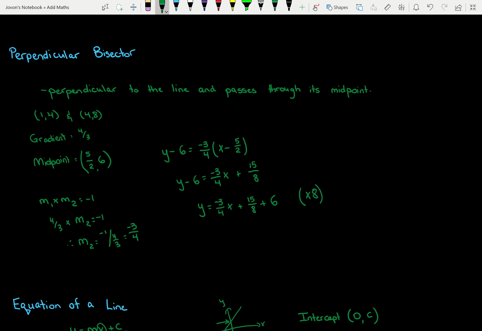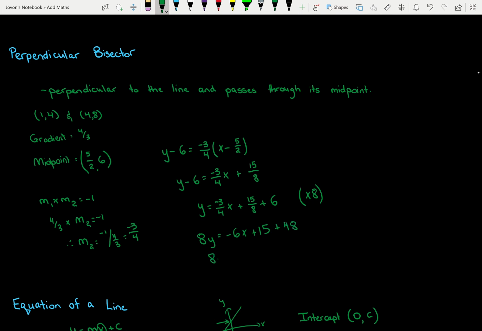So we get 8y is equal to -3 over 4 multiplied by 8, which gives -6x, plus 15 plus 8 times 6, which is 48.